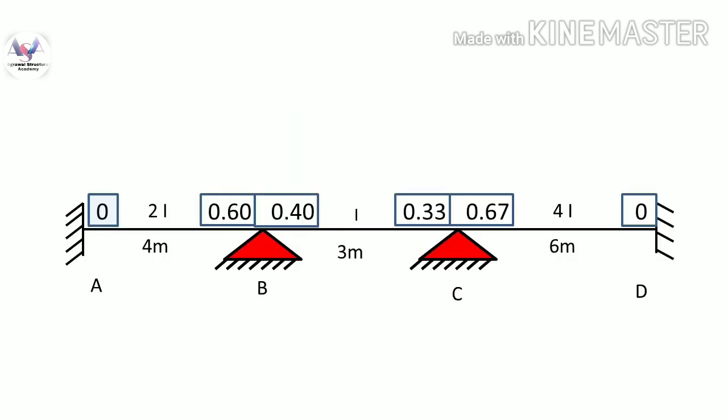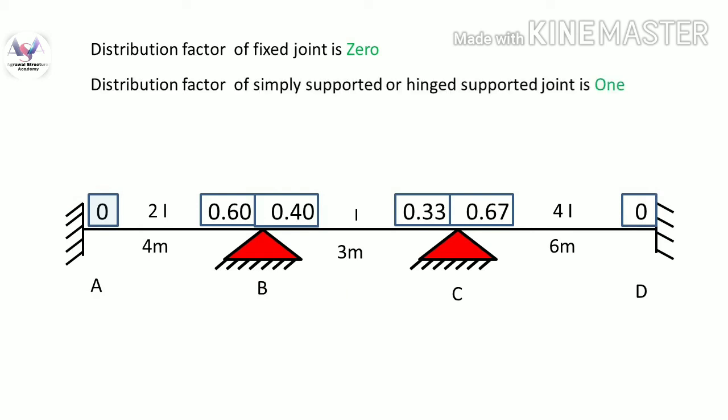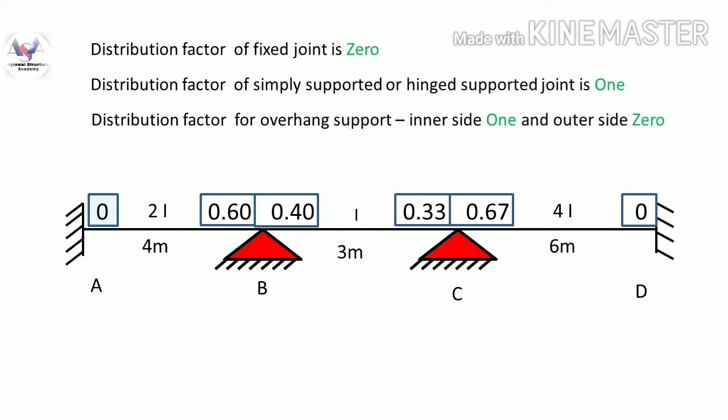Now the distribution factor of a fixed joint is 0. We know this is fixed, 0, and for internal B and C we have calculated in the previous table. So these are some standards: the distribution factor of a simply supported or hinge support joint is 1, and the distribution factor for an overhang support is 1 on the inner side and 0 on the outer side.